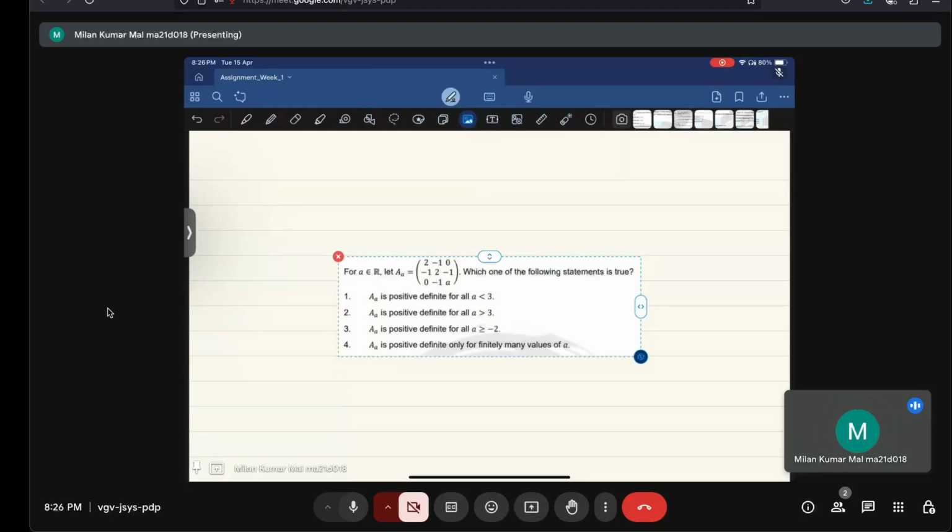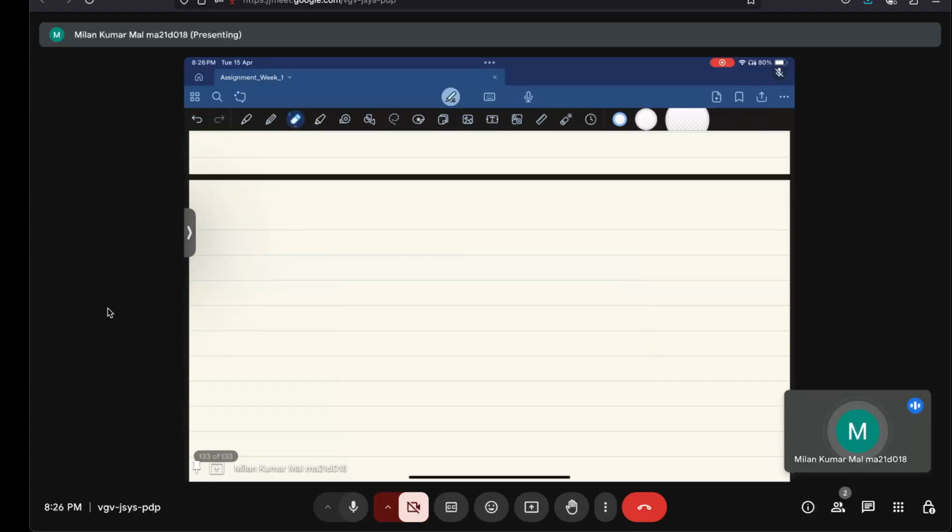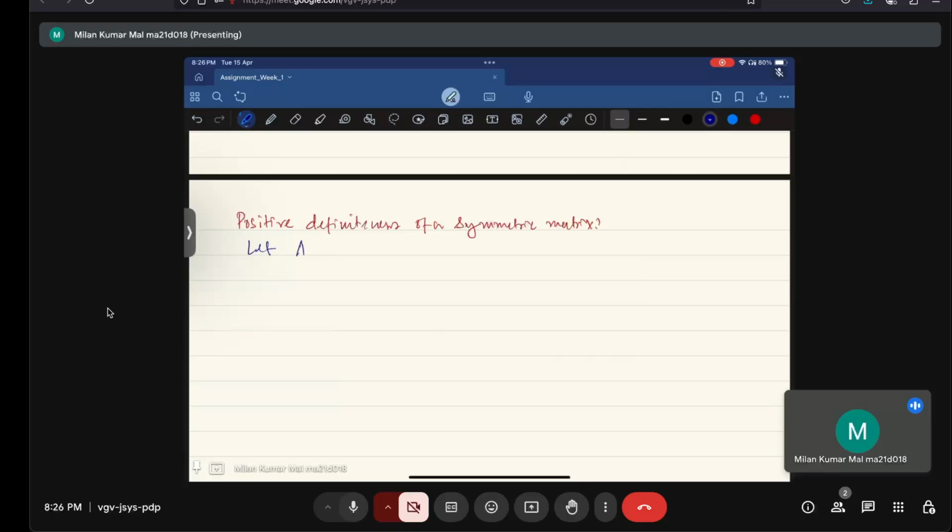Okay. So before that, we'll say when a matrix is positive definite. Let A be a symmetric square matrix.